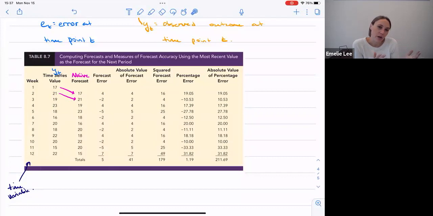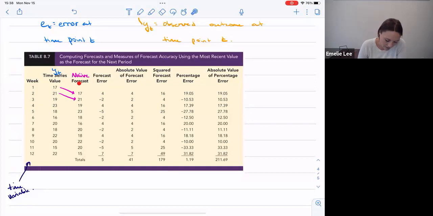Whether it's positive or negative depends on if I over or under predicted the forecast. The naive method just takes the previous week's outcome, which we know because that week has already happened, and I use that as my predicted value for the next week.